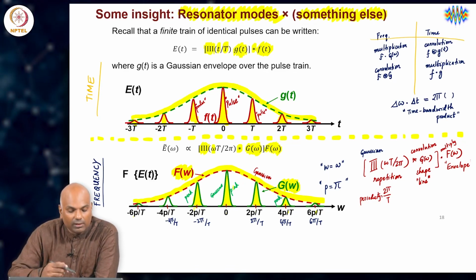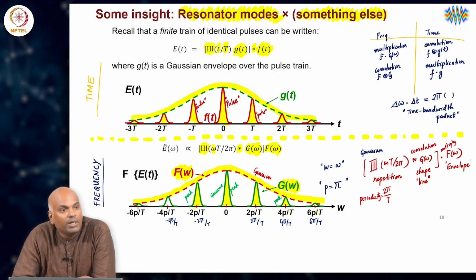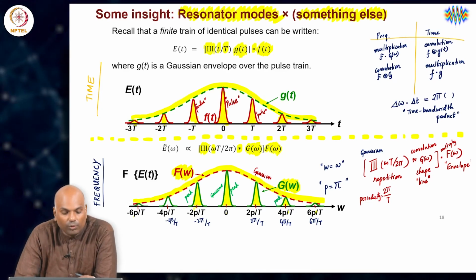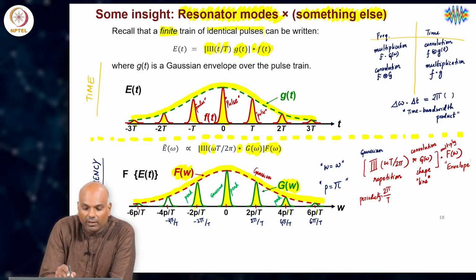And this, looking at it in terms of Fourier transforms, tells me immediately that this resonator is sufficient to create a finite periodic train of identical pulses.